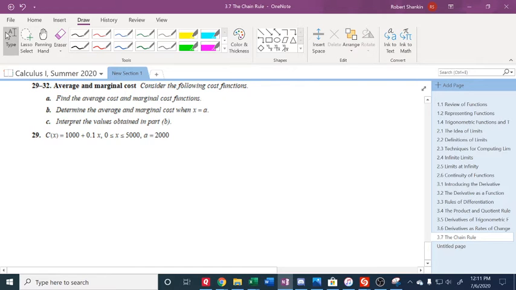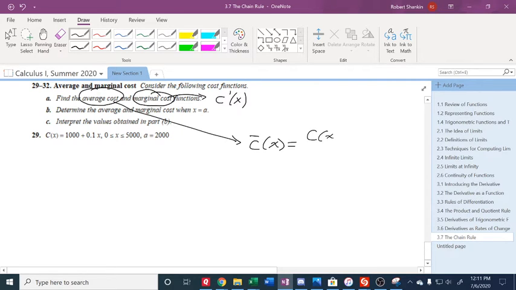All right, so find the average cost and the marginal cost. All right, so the marginal cost, this one, is C prime. So we just take this and we take its derivative. For the average cost, the formula we gave, remember it was C bar of x, which is C of x over x.